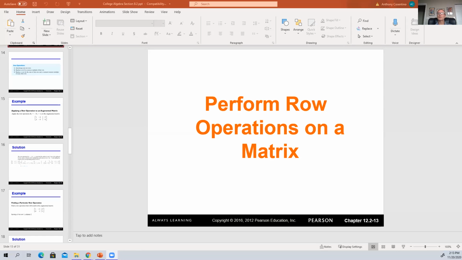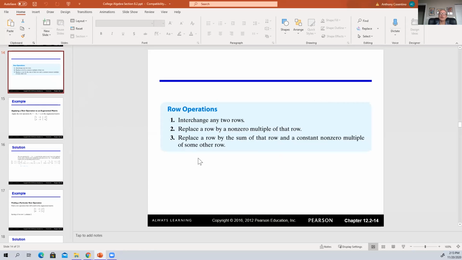With regards to these calculations, just like in the elimination, we have three things that we could do. You could interchange any rows. If you remember from section 8.1, we could interchange any equations, make equation 1 number 2, et cetera. Then replace a row by a non-zero multiple of that row.